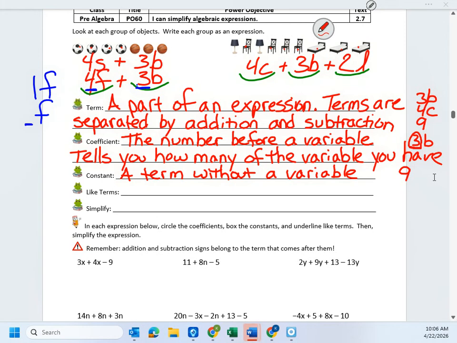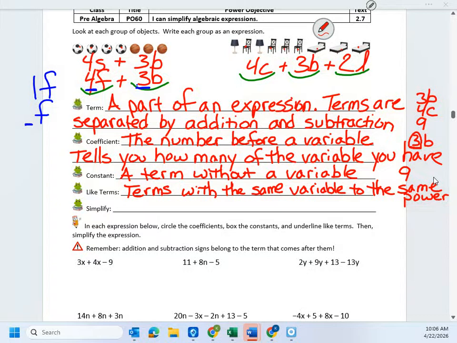Like terms are terms with the same variable to the same power. So when we say power, that's the exponent.